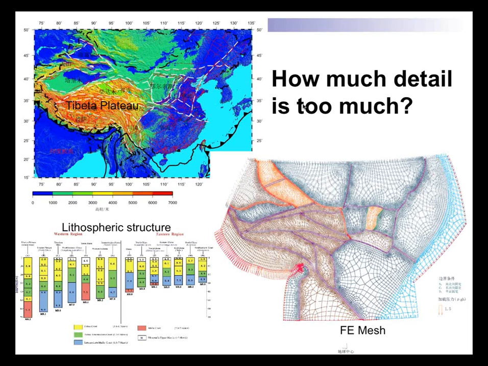My concern here is that with so many variations in the model, can we really understand the driving force, the cause for the deformation in the Asian continent? Many of these parameters are not very well constrained. So sometimes maybe you have too much detail.